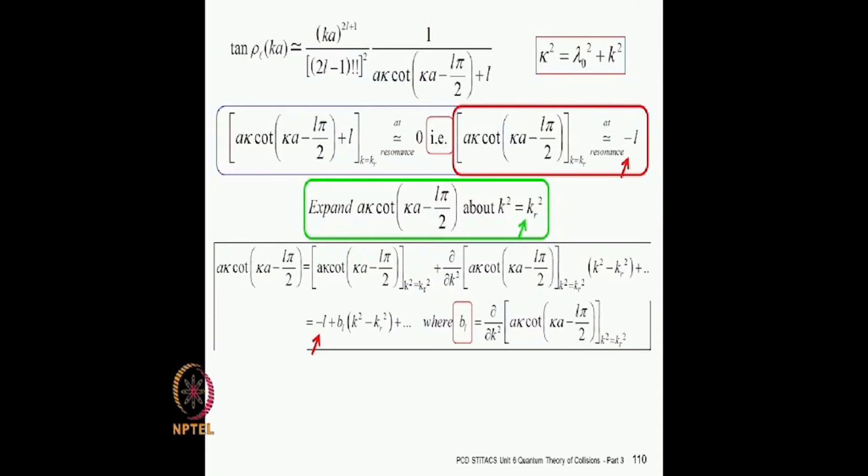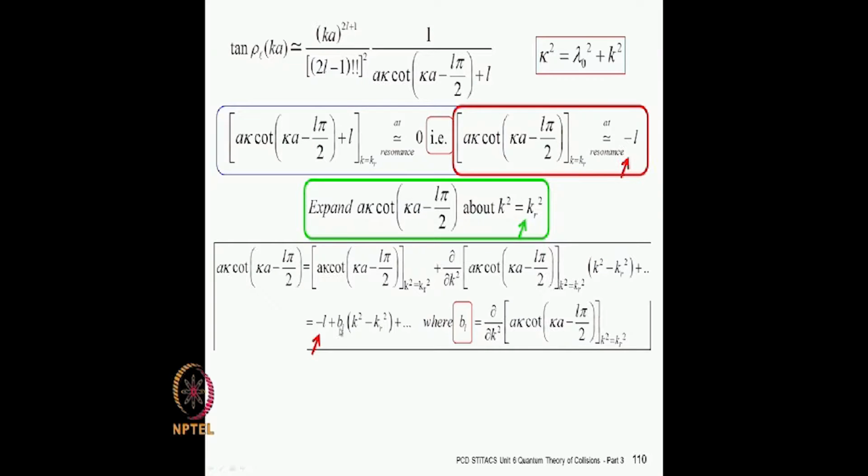But in the vicinity of the resonance, if you are close enough, that difference is small, and then higher powers can be neglected. So, if you just retain the first two terms, the first term will of course be minus L, because at resonance this is equal to minus L, and then the second term will be this derivative times the difference in the independent parameter, which is k square.